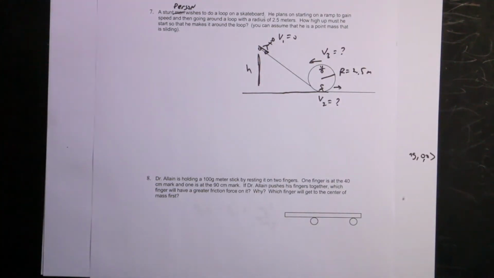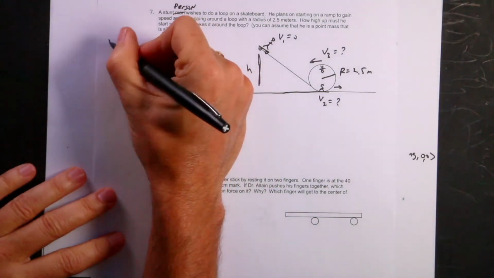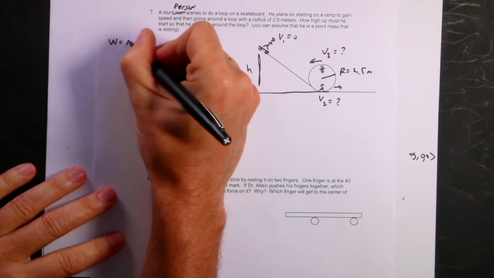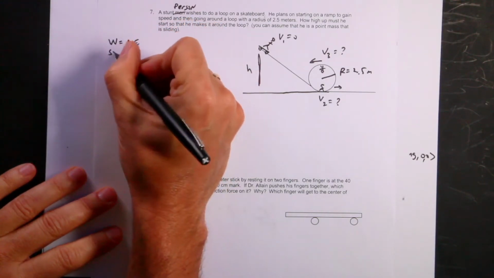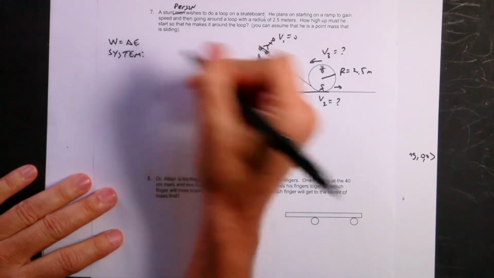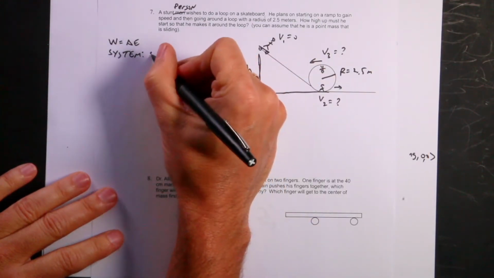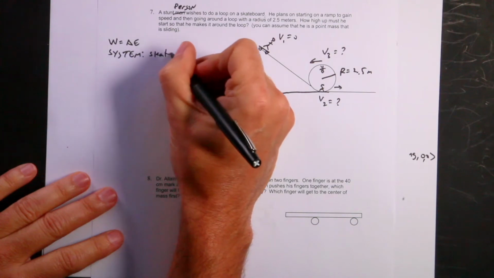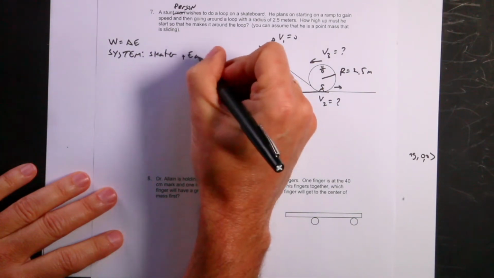because this is a tough problem, let's actually work backwards. If we're not concerned with time, that suggests we should use the work-energy principle. So work equals change in energy. I need to declare my system, and it's going to be the skater plus the earth.